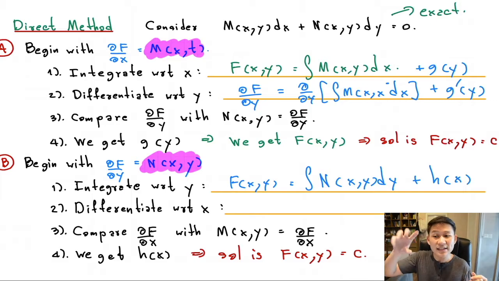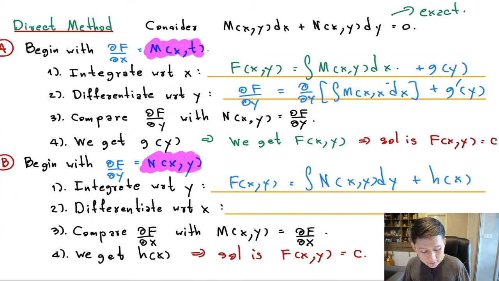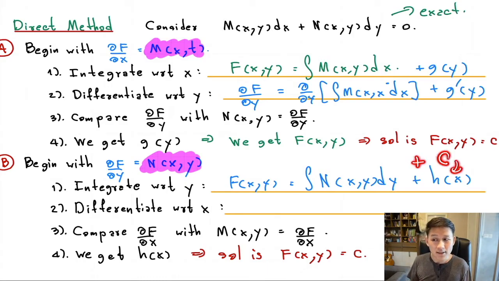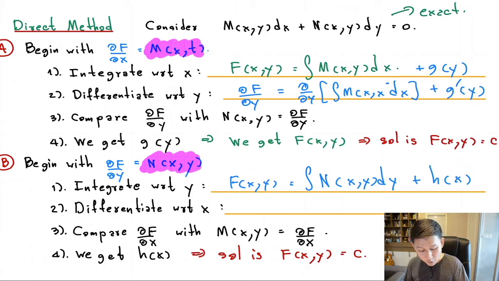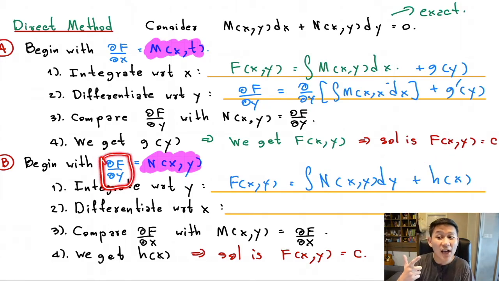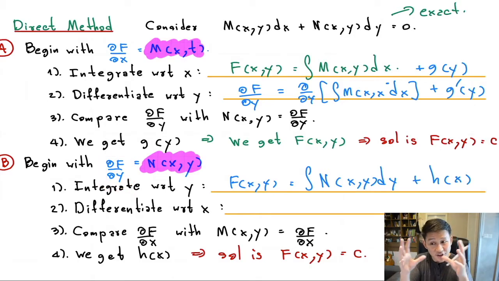Again, when you integrate with respect to y, the constant term is a function of x, because when you take the partial derivative by y, you look at x as a constant. So when you do the integration by y, the constant is a function of x. Make sense? And then you do the same thing.